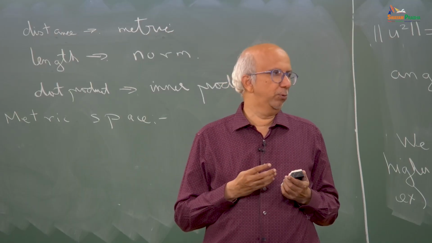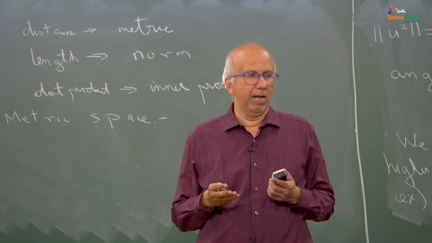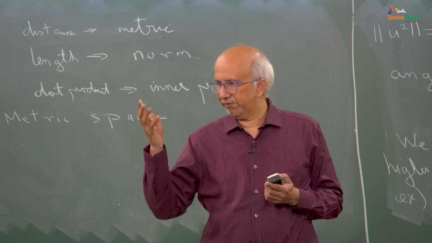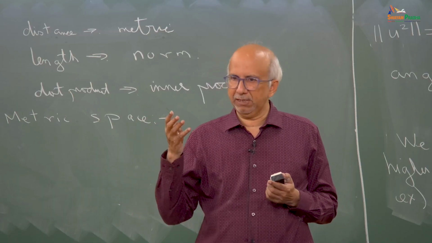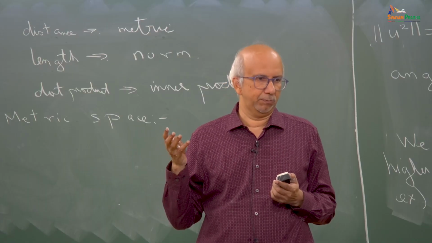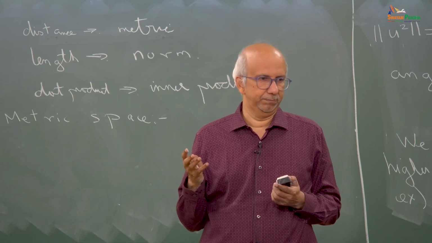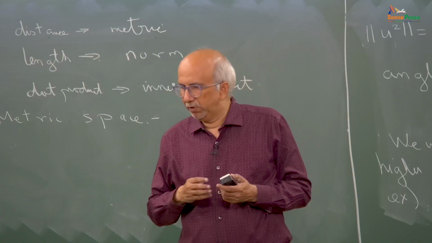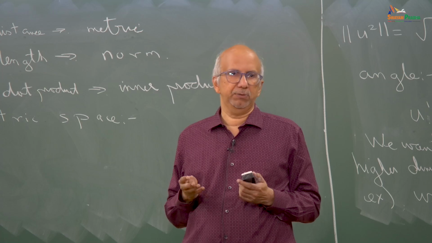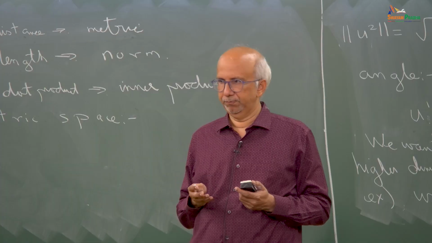So, I am going to write down the axioms which I expect the distance to satisfy, and if you can think of a definition which satisfies those axioms, then that is a candidate for a metric, okay. We want to be clear that the Euclidean distance is not the only possible way of defining distance.